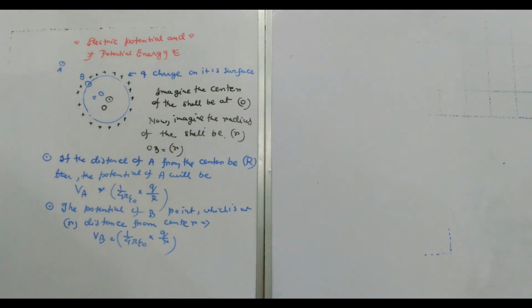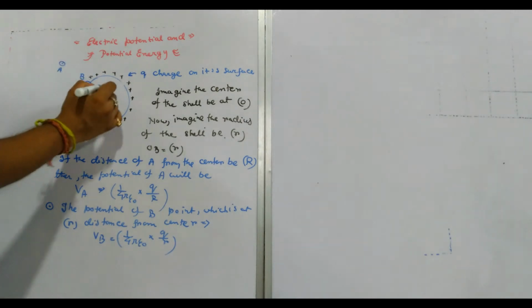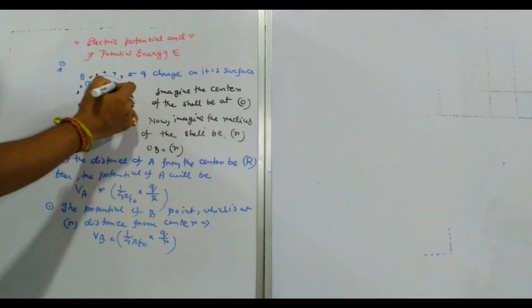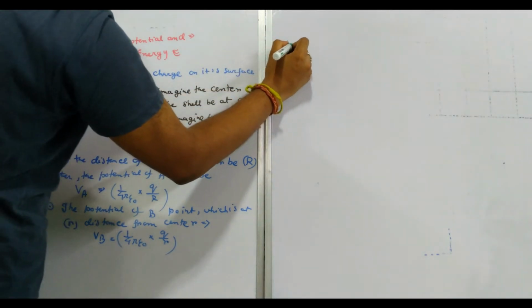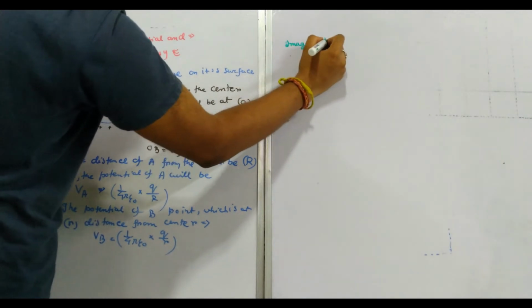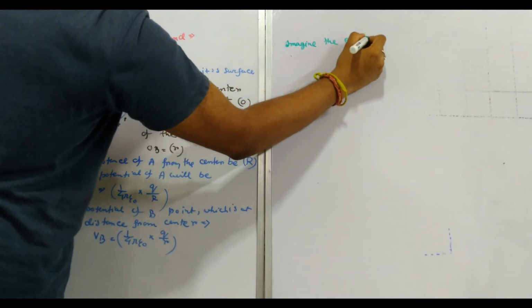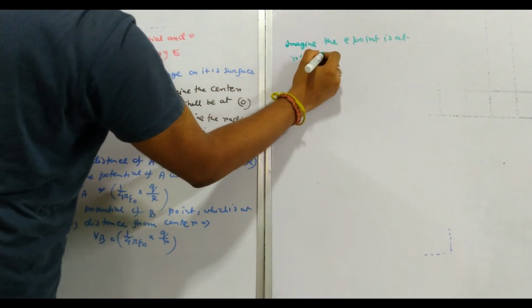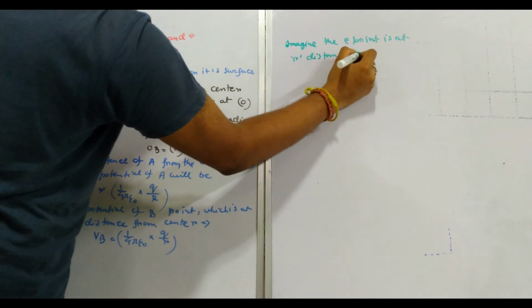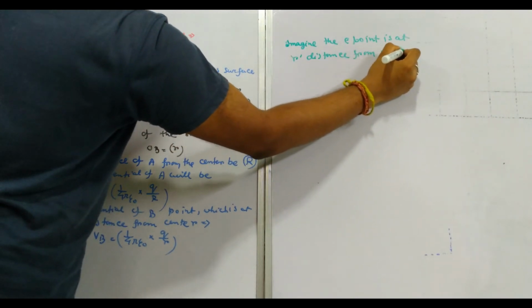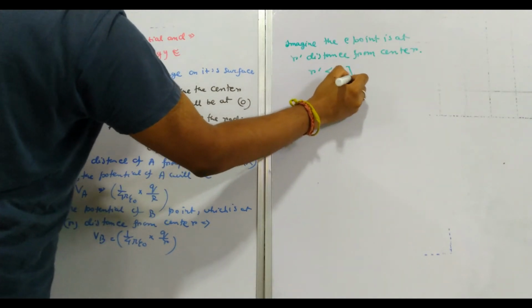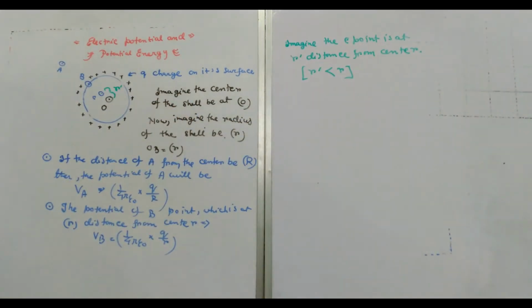But whenever we are trying to find out the potential at C, it will be complicated. Imagine the C point is at r dash distance from center, and we can easily write that r dash is genuinely less than the radius of the shell.